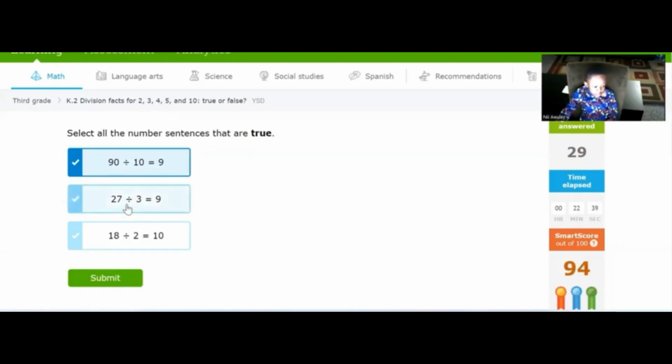27 divided by 3. 3 times 3 is 9, 3 times 4 is 12, 3 times 5 is 15, 3 times 6 is 18, 3 times 7 is 21. This answer is false.